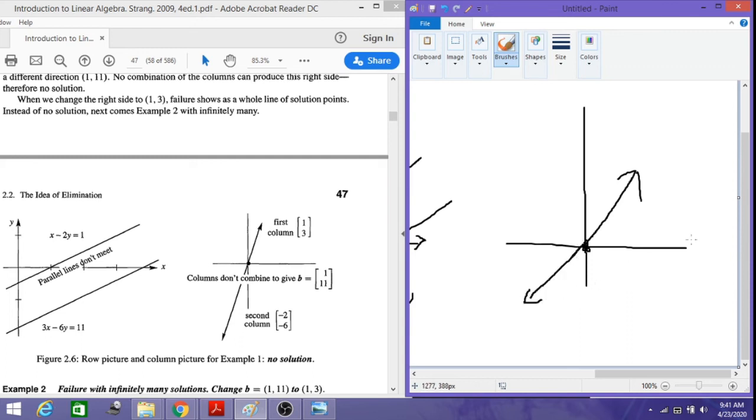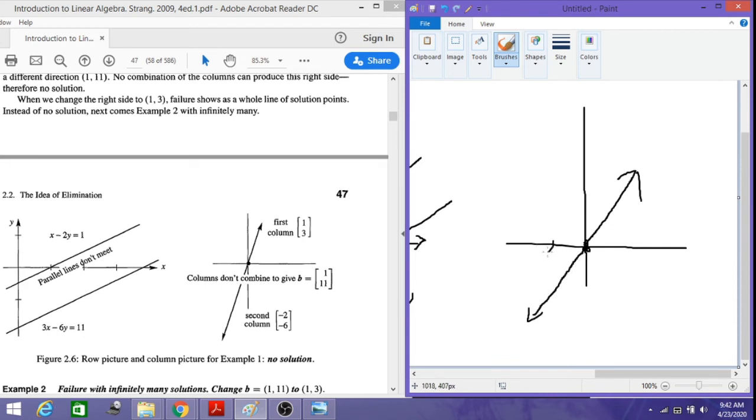The columns do not combine to give b. So the first one is 1 and 3, and the second one goes like this, it is -2, -6.